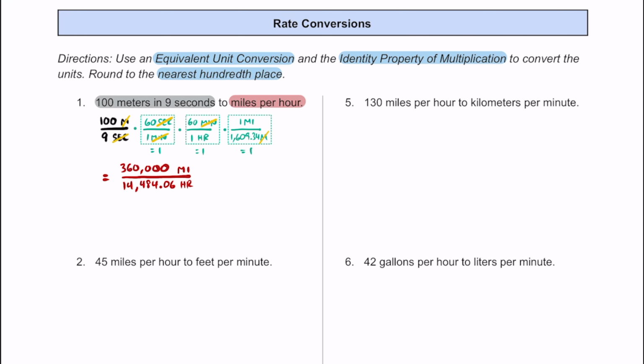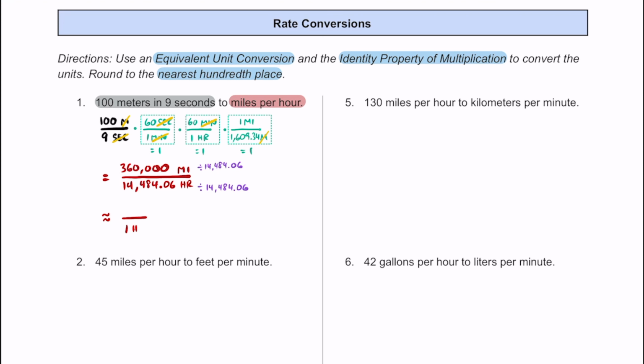Okay, so we do have miles per hour. However, we'd like to get it per 1 hour. So let's simplify this just a little bit more. What I'm going to do here is, to get a unit rate of per 1 hour, we must divide by 14,484.06. And if we do that to the bottom, let's do that to the top. Now, on bottom, we're just going to get per 1 hour.